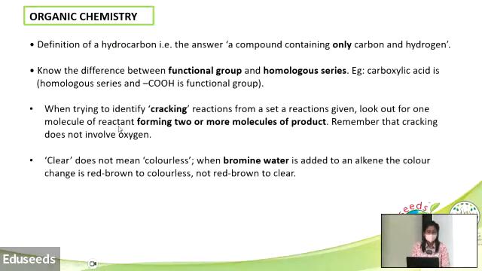And when the question is asking you to identify a cracking reaction from a set of reactions given, you need to look out for one molecule or reactant forming 2 or more molecules or products.